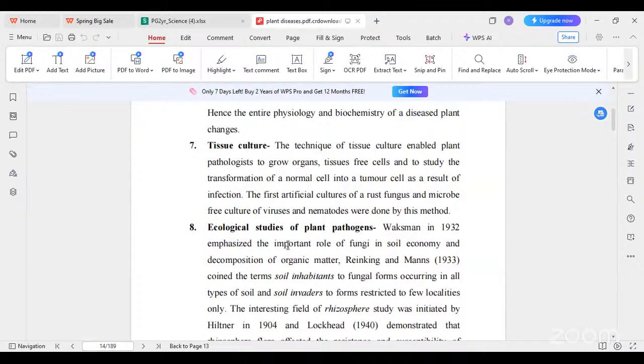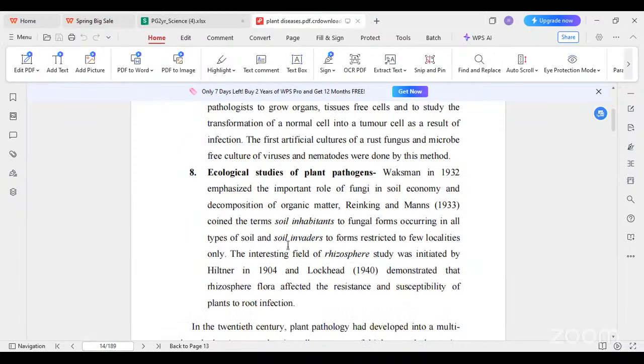Garrett and Mains in 1933 coined the terms soil inhabitants, for fungal forms occurring in all types of soil, and soil invaders, for those restricted to a few localities only.